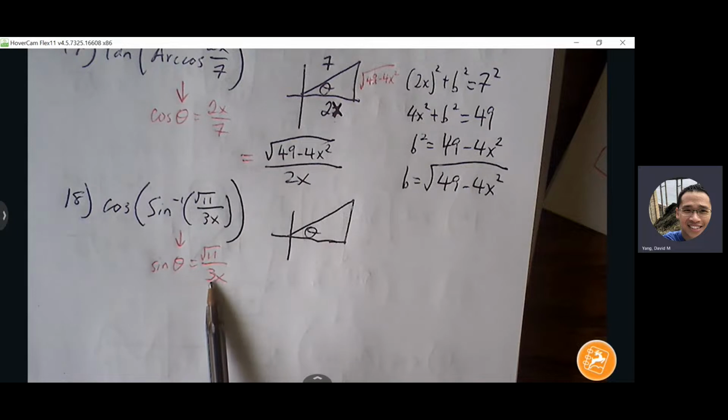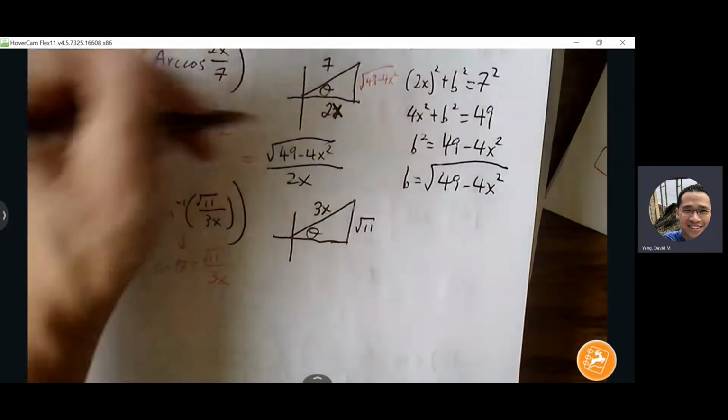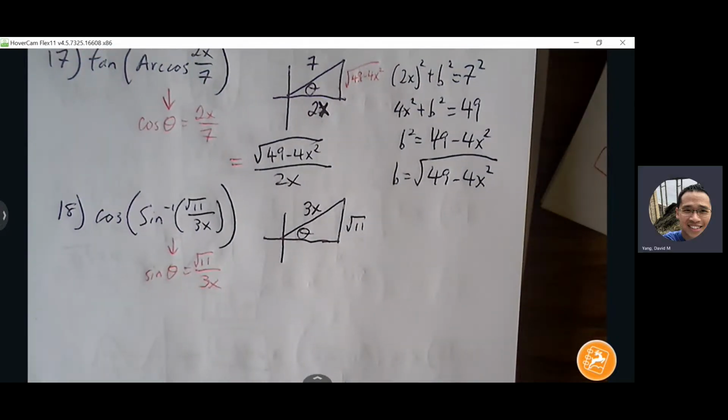Opposite over hypotenuse. Pythagorean theorem, a squared plus b squared equals c squared.